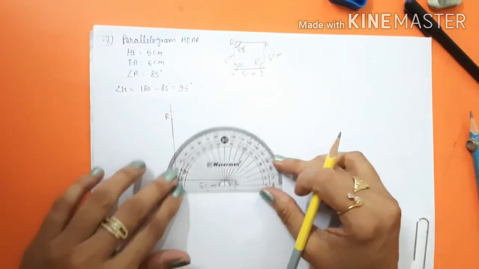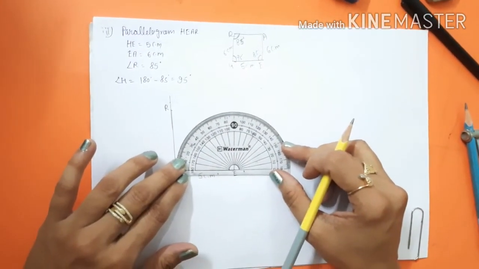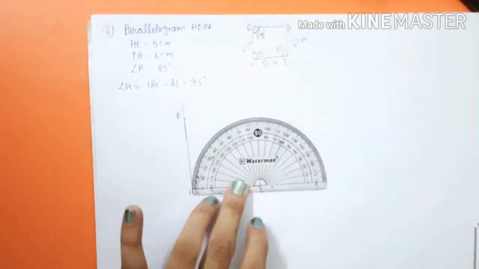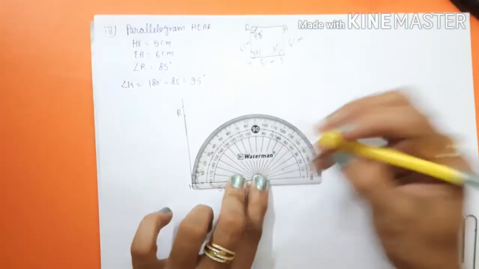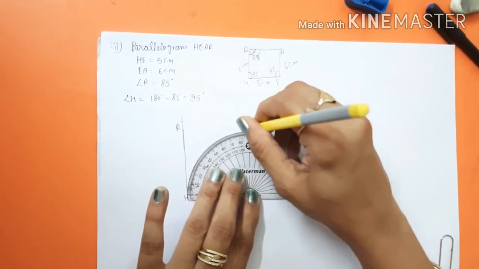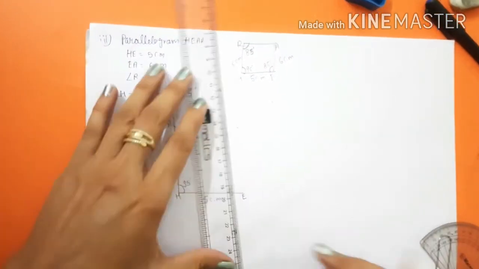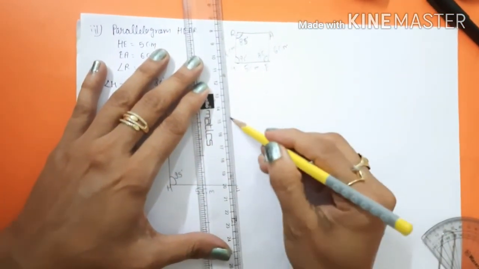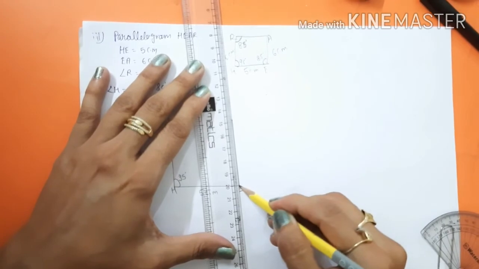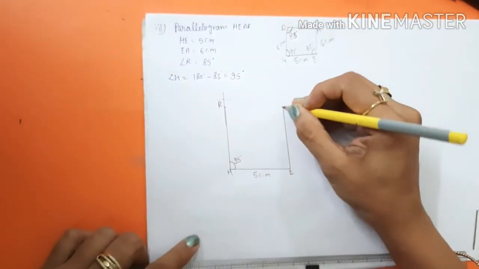From here we measure an angle of 85 degree. From the point E, 85 degree. We'll join this line. From E, this is 85 degree.